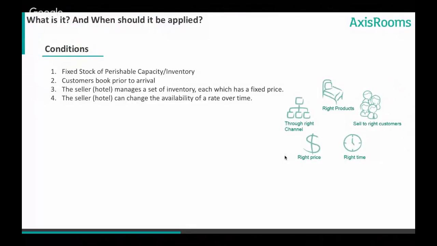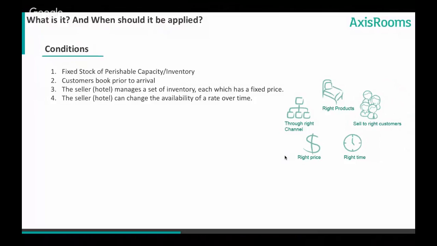So, revenue management, that's the topic. Now, when should it actually be applied? Revenue management is applied to any business that meets a fixed set of conditions, which are listed, as you can see, in my presentation here. If your establishment has a fixed stock of perishable capacity and inventory, then it would apply to you.